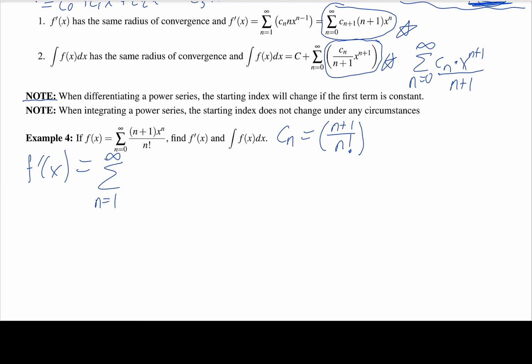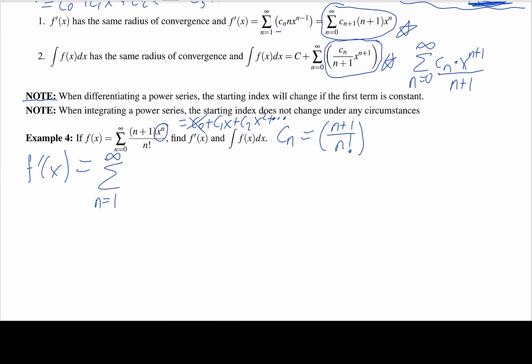Well, if we look at this power series, this is going to be times x to the n. So we'll have a c sub 0 plus c sub 1x plus c sub 2x squared, and so on. And so when I take a derivative here, this c sub 0 will go away. So yes, we do need to start at the sum from n equals 1.